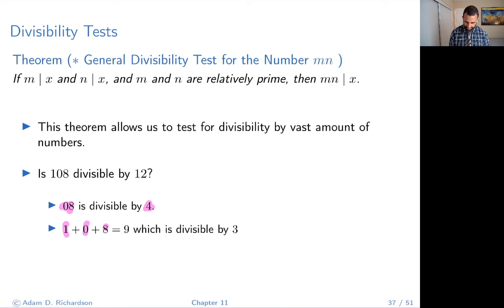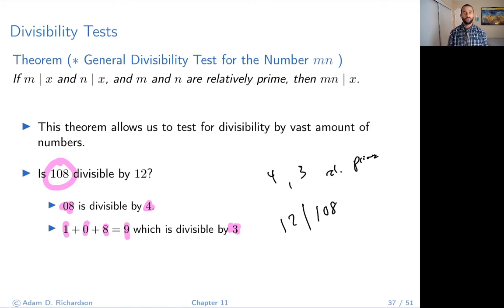And the sum of these digits is 9, which is divisible by 3. So that tells us that this number, 108, is divisible by both 4 and 3. And we can notice that 4 and 3 are relatively prime because they don't share any common factors, so 108 must be divisible by 12.